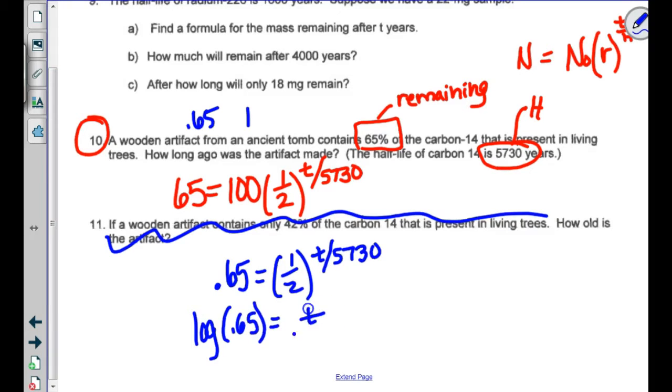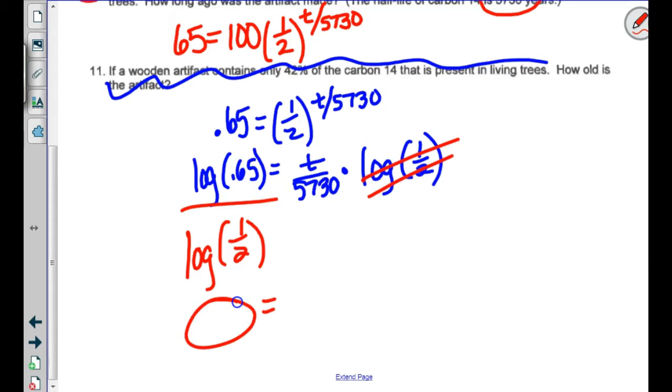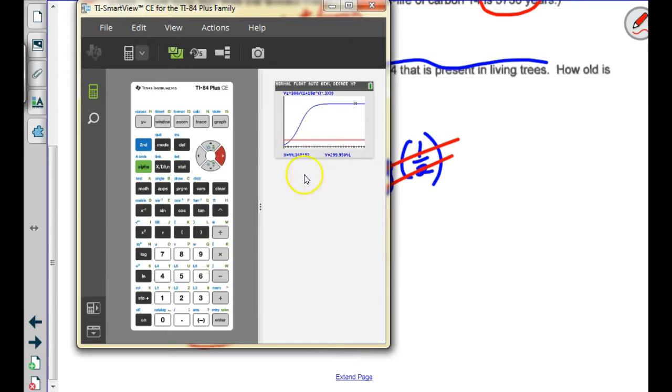Bring the T over 5730 out in front. What's next? I would divide by the log of 1/2 over here. And then after we get that, we're going to need to do what? Multiply it by 5730.